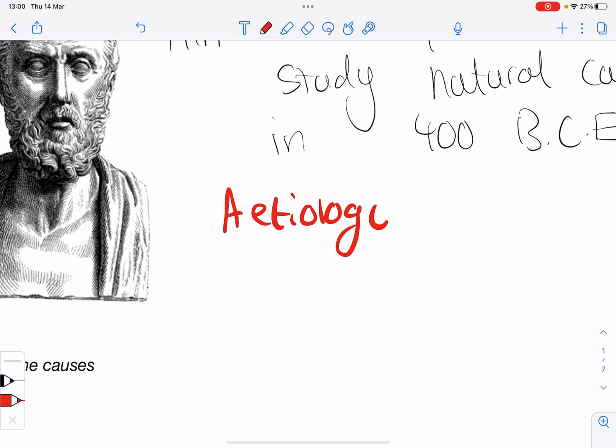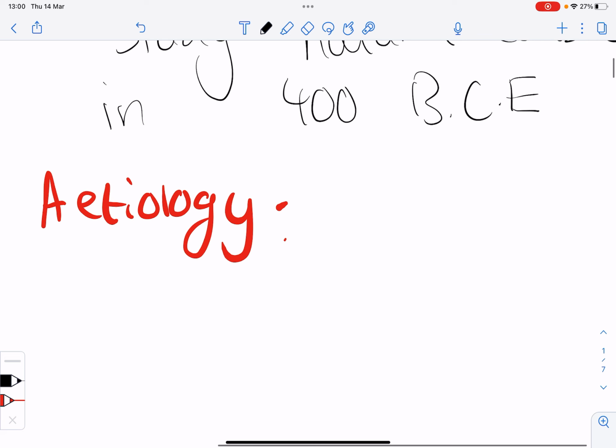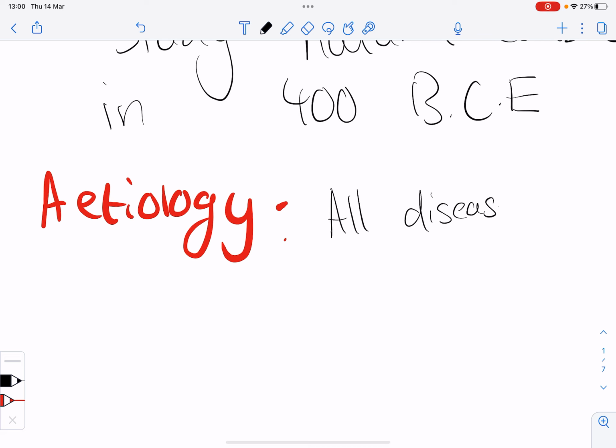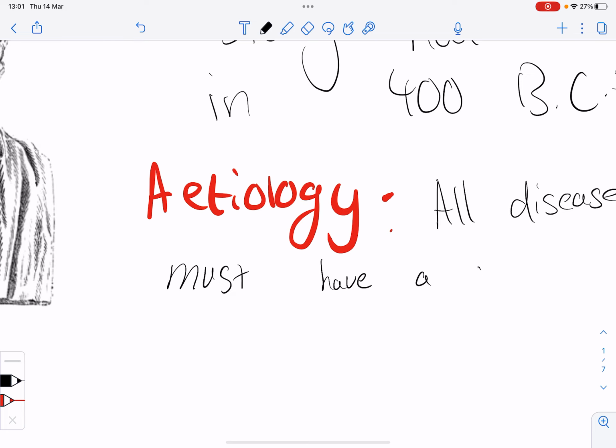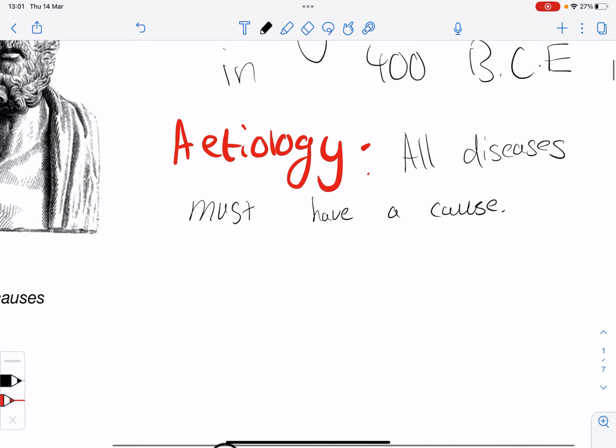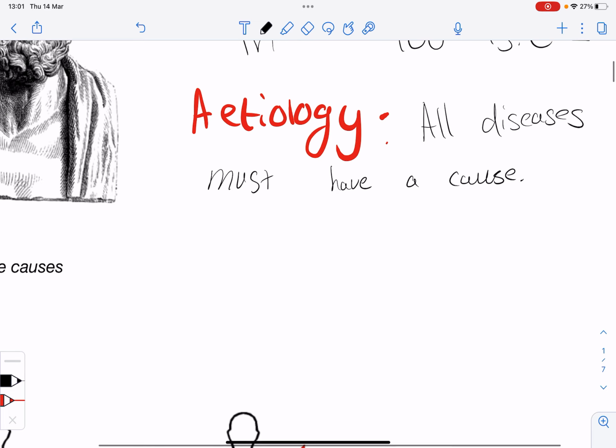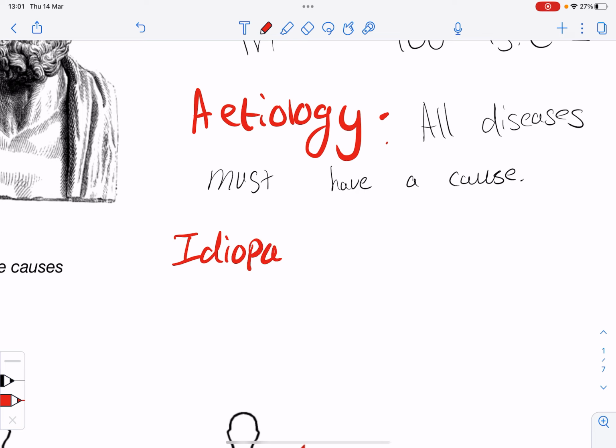Aetiology, which means all diseases must have a cause. And conditions with unknown causes are termed idiopathic.